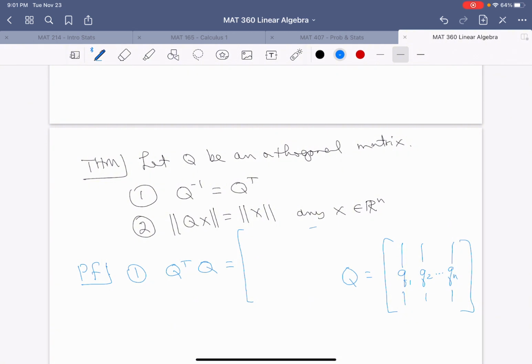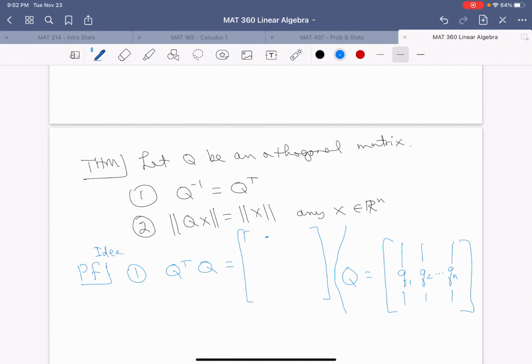If we compute this product of Q transpose times Q, and we're in an off diagonal position, like say row 1, column 2, what goes there? I'm not going to be really rigorous here, this is a proof idea.